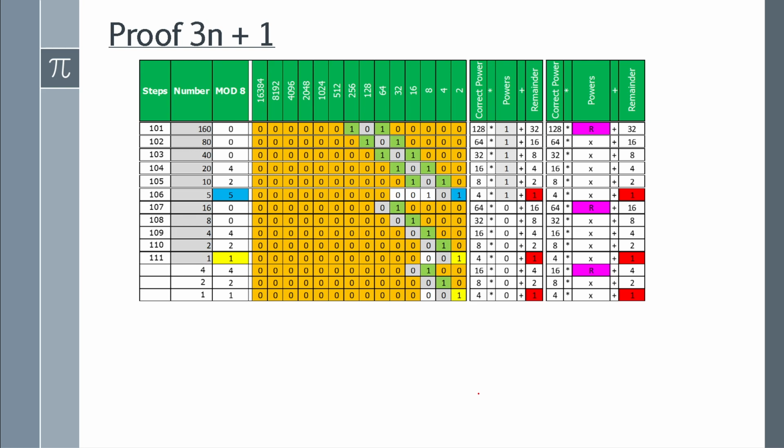So every time I get to the number 1, I'm going to do a 2 to the power of 0 times 3 plus 1, and that's going to put me at 2 to the power of 2. And so because all we have left is powers of 2, I'm just going to loop.